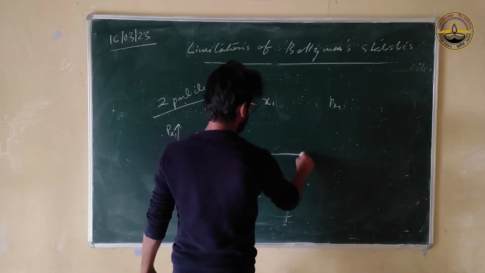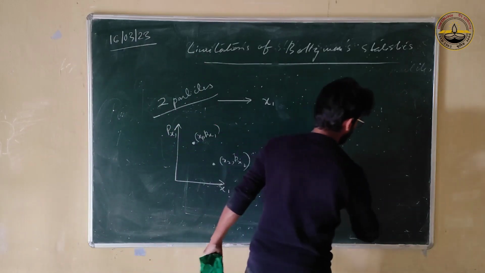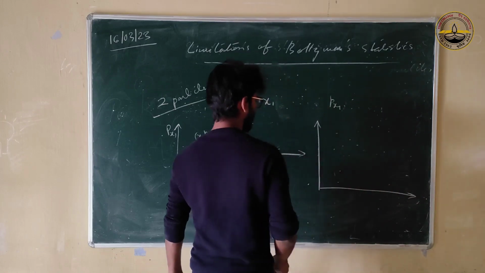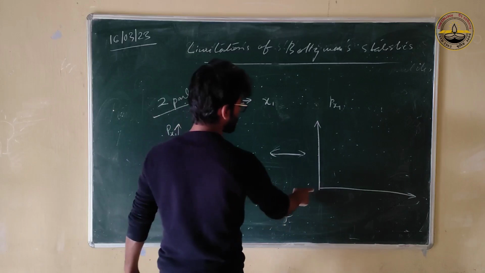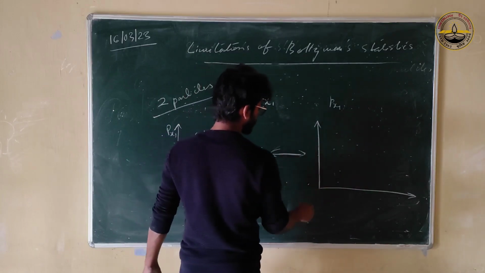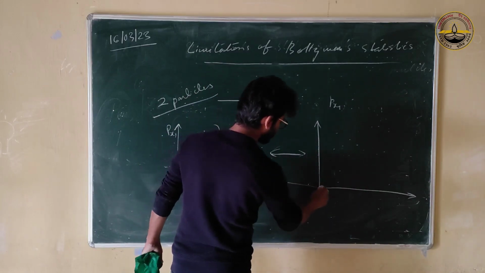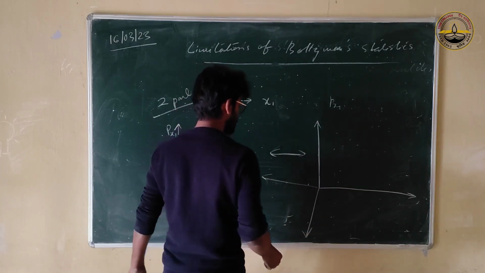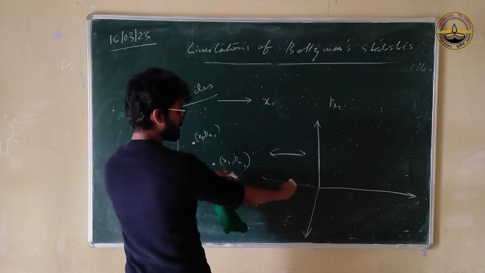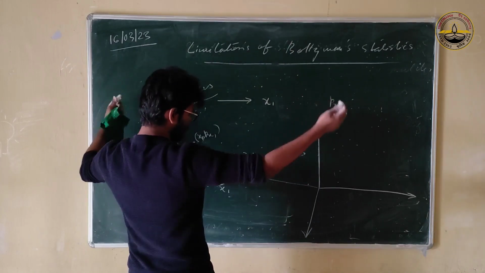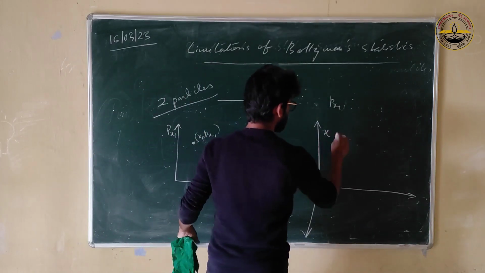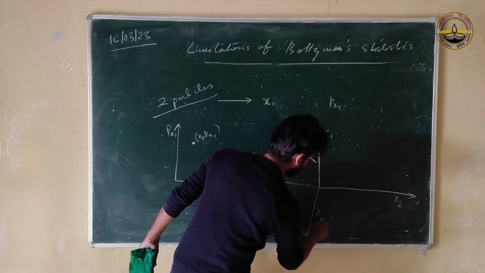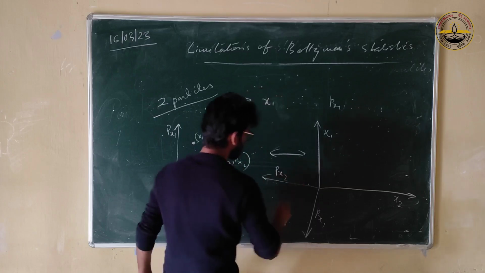Or there is another way. We could have a four-dimensional space. That's again impossible for me to draw, but just imagine these are independent, perpendicular axes in four dimensions: x1, x2, px1, px2.